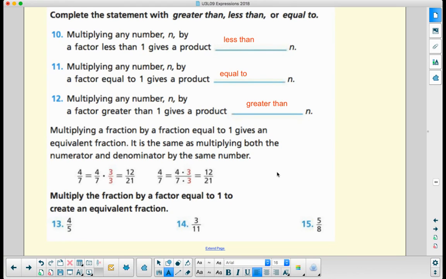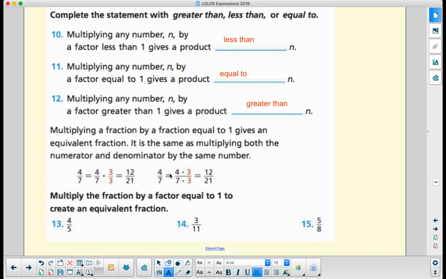This is just review on equivalent fractions. Multiplying a fraction by a fraction equal to 1 gives an equivalent fraction. It is the same as multiplying both the numerator and denominator by the same number. 4/7 multiplied by 3/3 gives me 12/21. Why is that?